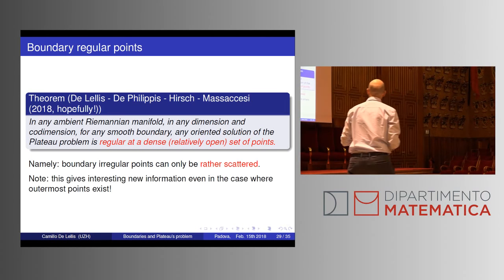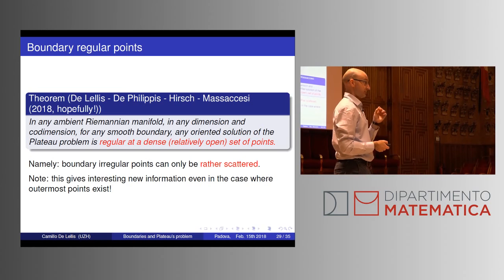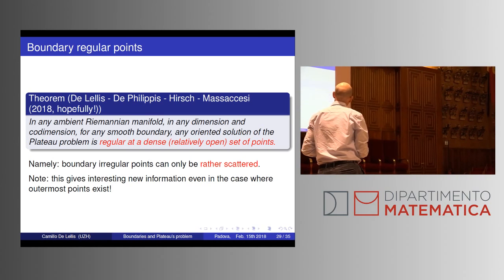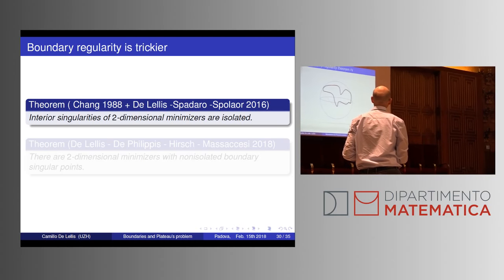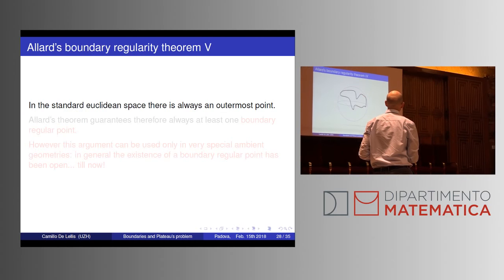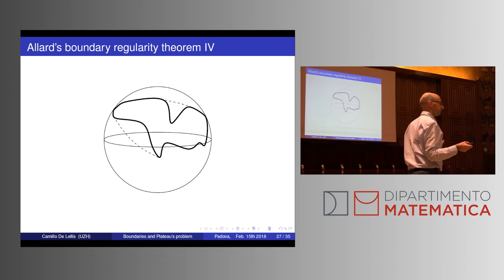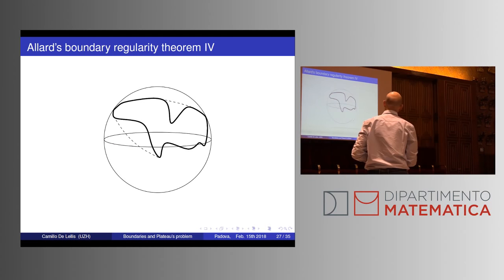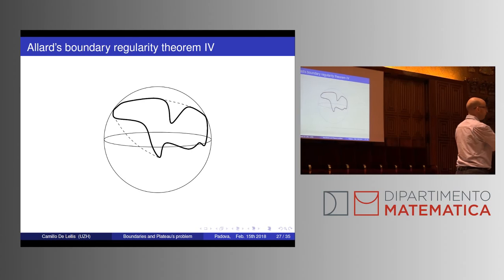And you have to notice that it tells you something interesting even in the old case, even in the Euclidean case. Allard, in this situation, was telling you these points are regular, and here, who knows? Our theorem is telling you here there might be singular points, but they are few.